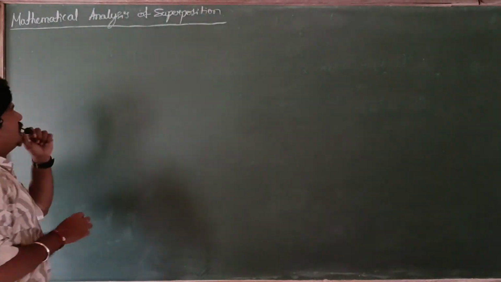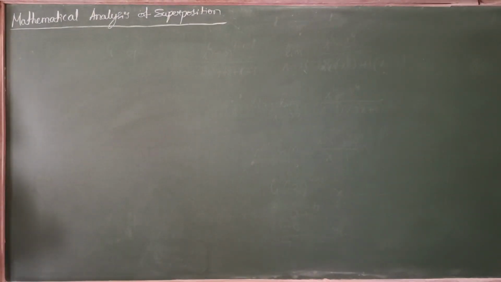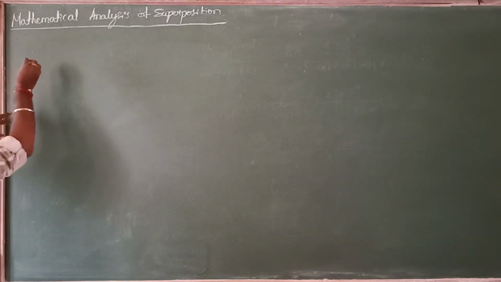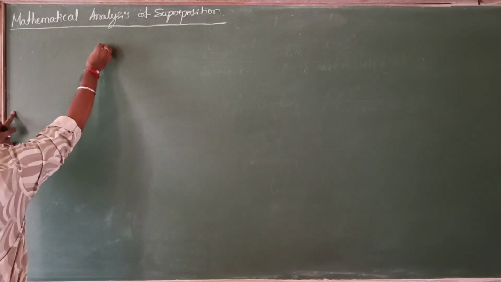So in superposition we have two types: one is constructive superposition and another one is destructive superposition. In a constructive superposition, a crest of one wave superposes on the crest of another wave.